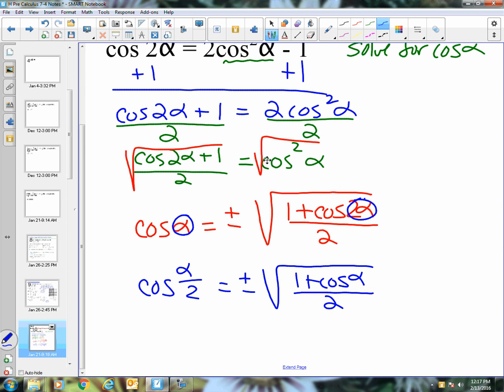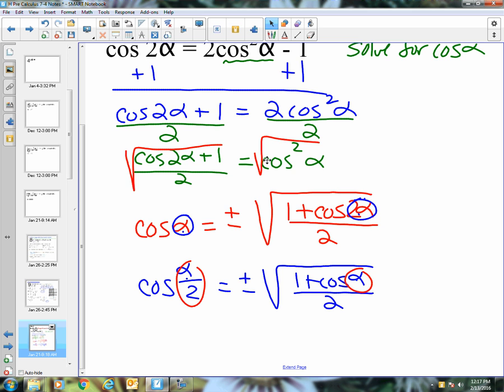What I did is rewrite it so that instead of alpha and 2 alpha, I now have half of alpha and 1 alpha. This angle over here, alpha over 2, is still half of alpha. It's just an easier way for people to recognize the half angle formulas if it looks like a half. So the big idea in these formulas is that whatever angle you have on the left-hand side is half as large as the angle underneath the radical on the other side.